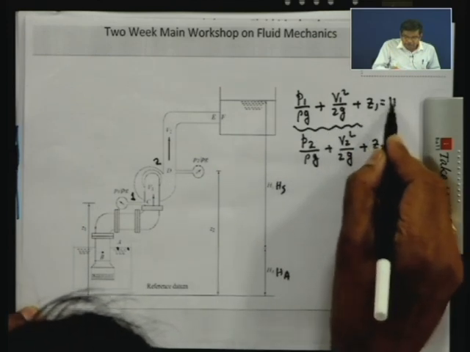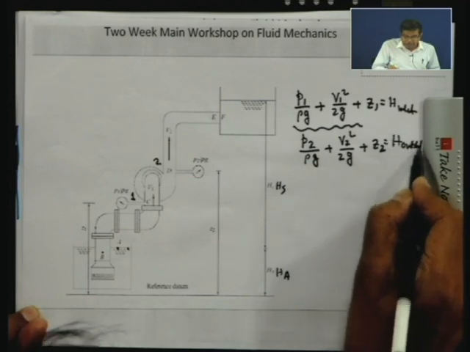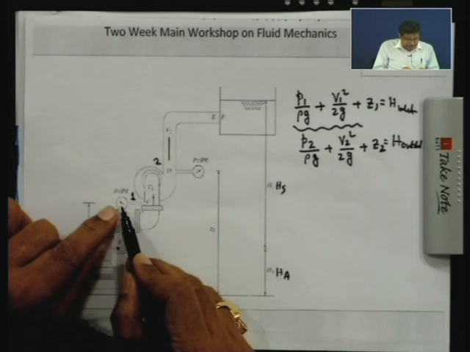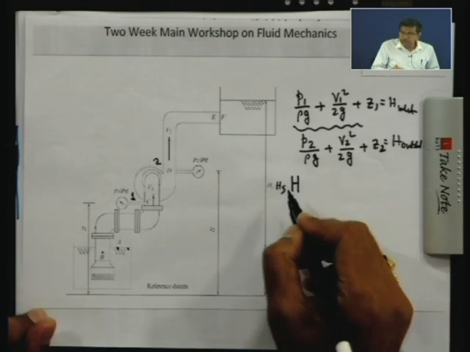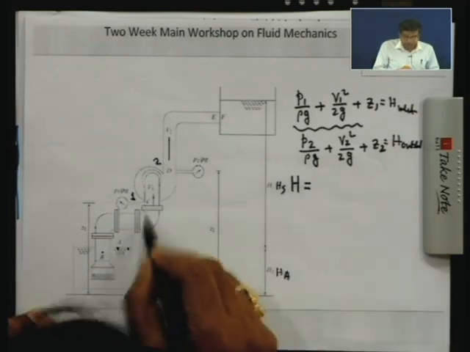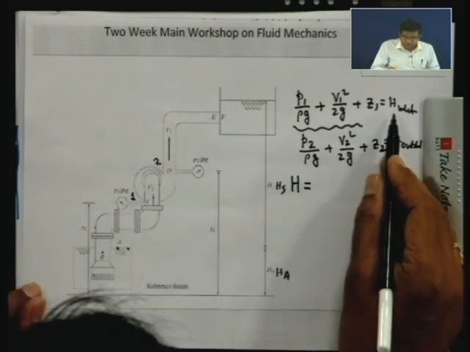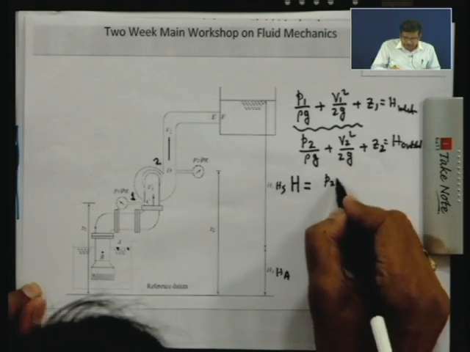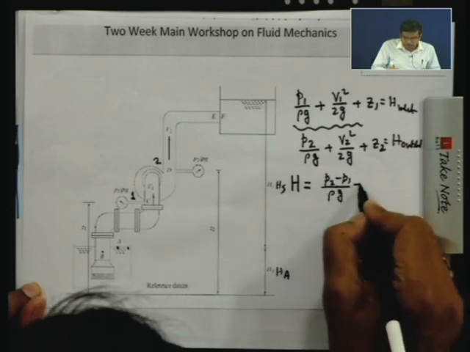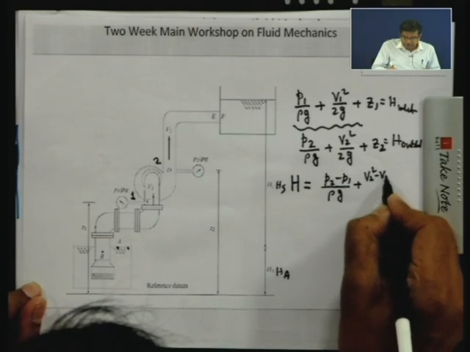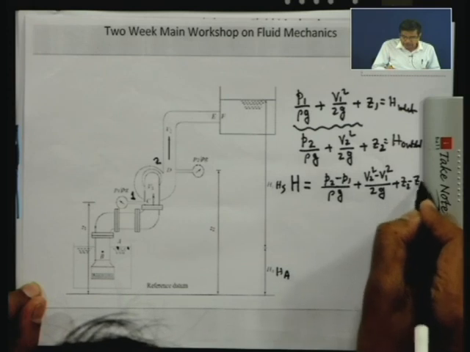This is H inlet to the pump, this is H outlet, and the pressures are measured by two pressure gauges. The difference between these two is the head developed by the water through the pump. That means the head developed by the water in the pump is H outlet minus H inlet, which can be written as (P2 minus P1) by rho g for an incompressible fluid, plus (V2 square minus V1 square) by 2g, plus Z2 minus Z1.